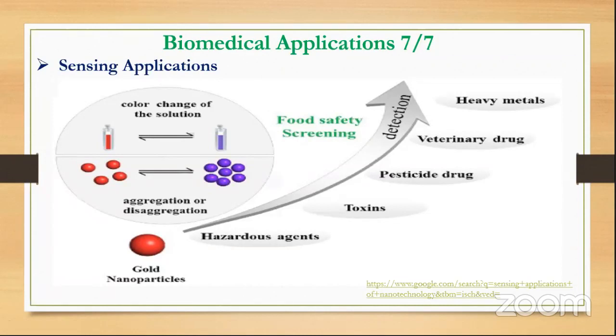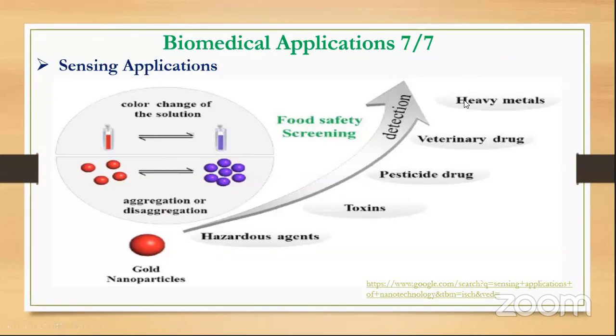By using nanotechnology, we can detect and remove these pesticides, as well as find how much concentration of pesticides is present in the contaminated water. Next one, veterinary drugs: for detection of veterinary drugs in contaminated water, we also use gold nanoparticles as an application.